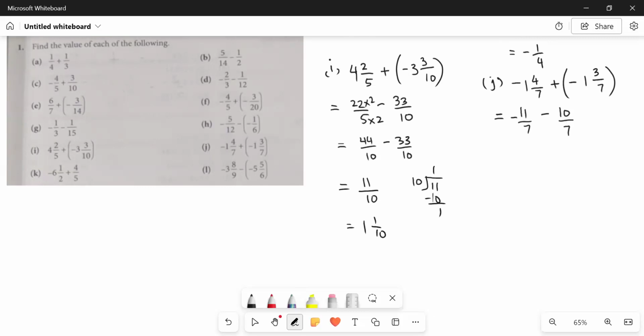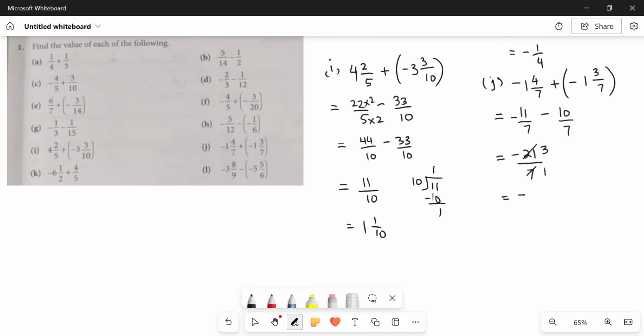So you see the denominators are same. We'll simply add 11 and 10 because both have negative signs. So minus minus plus. 11 plus 10 is equal to 21. And the sign of the greater number is negative. So it would be minus 21 upon 7. Right? Then 7 ones are 7. 7 threes are 21.